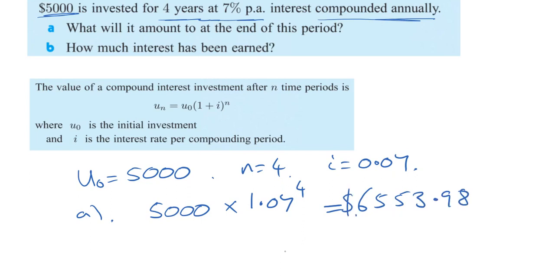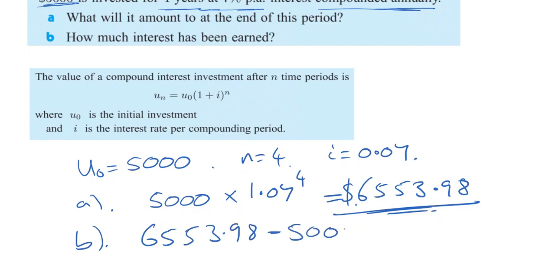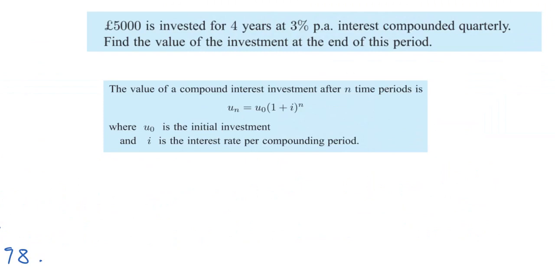All right, and we're in dollars there, so that's how much we've got. Now, part B, how much interest has been earned? Well, we need to start with that amount that we've got at the end and take away the initial investment. So that will be the difference between the two, and that is going to be $1,553.98.